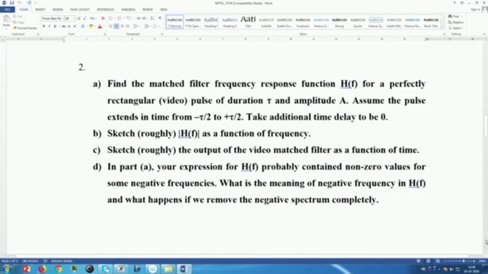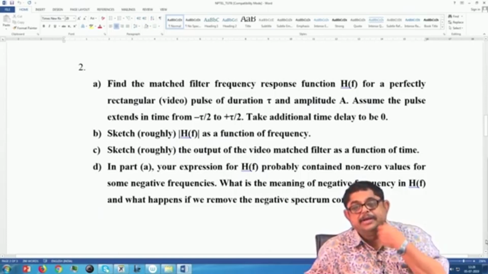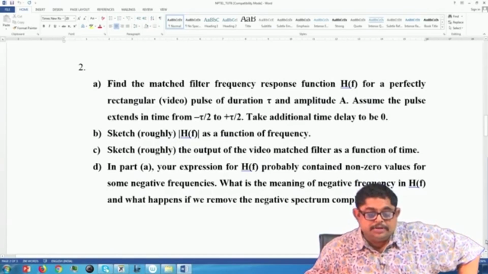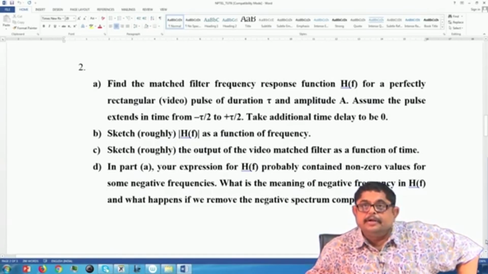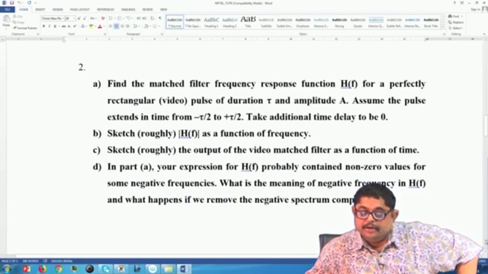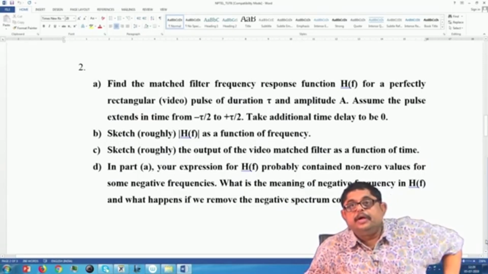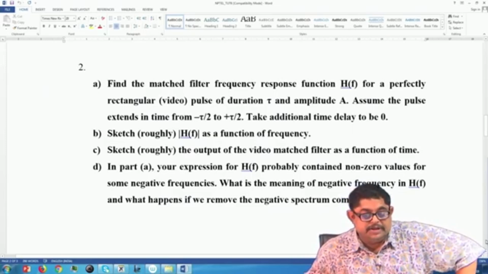A matched filter requires a time delay, but assume that to be 0. Then sketch roughly the magnitude frequency response, the magnitude of the transfer function of the matched filter.